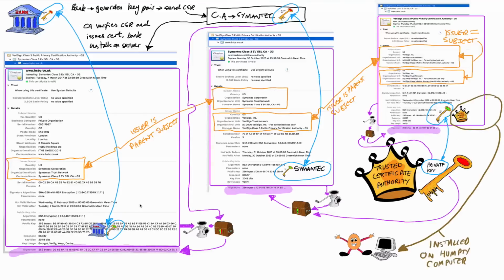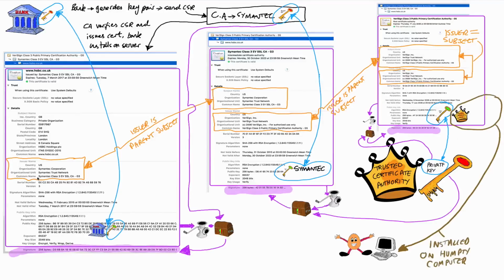So basically, let's go back to what's happening on Humpty's computer when they receive this HSBC certificate. First of all, they look at this certificate and look at the issuer name.